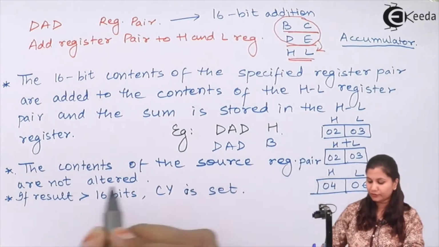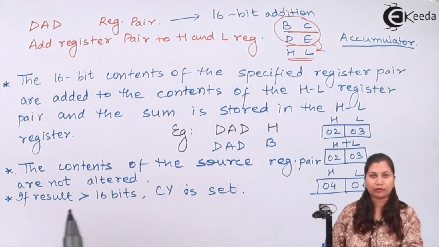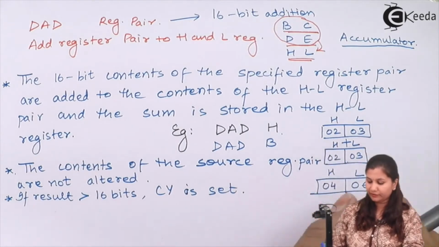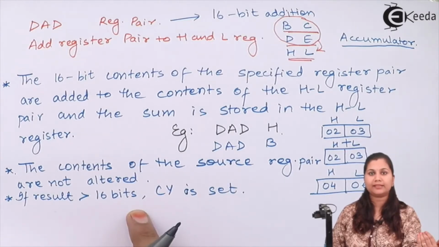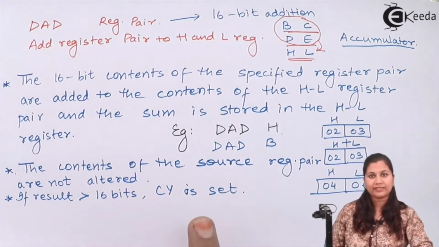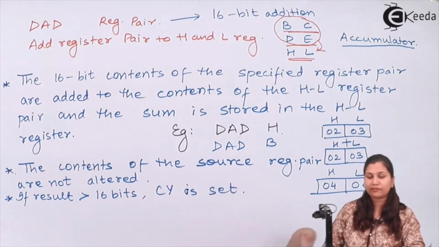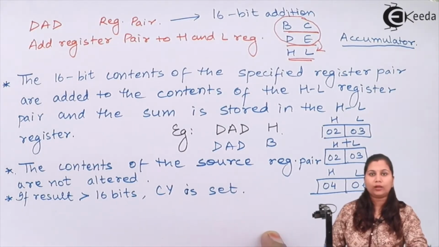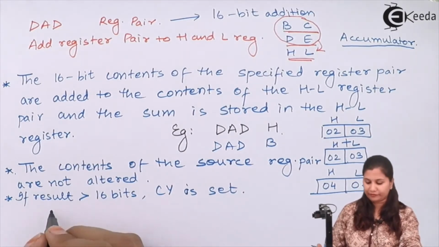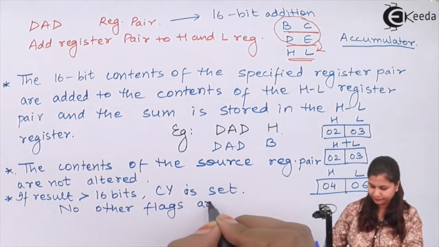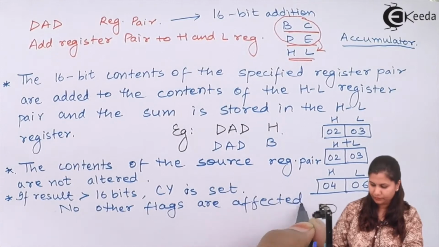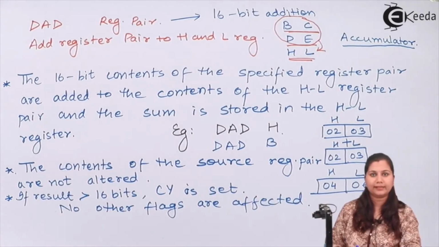So the contents of the source register pair are not altered, and if the result we get after this 16-bit addition is greater than 16 bits, that means carry is generated, then the carry flag is set and no other flags are modified. So this was the DAD instruction.